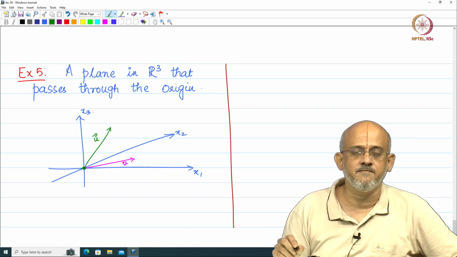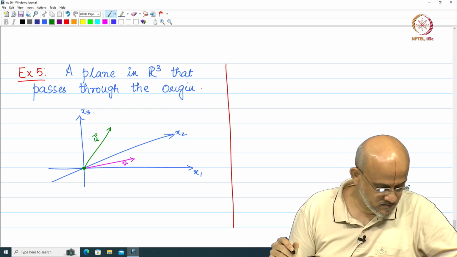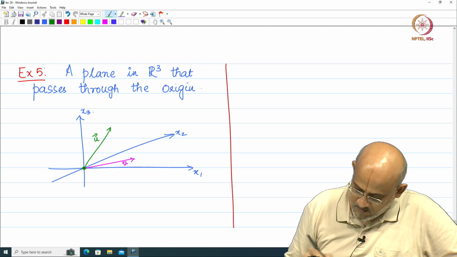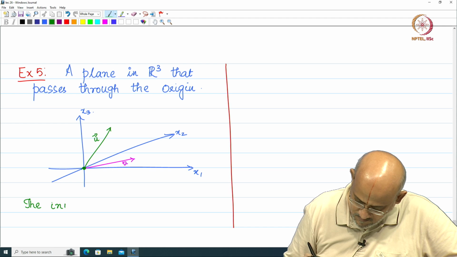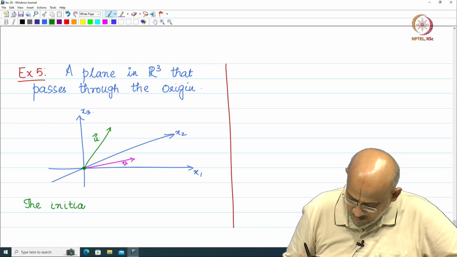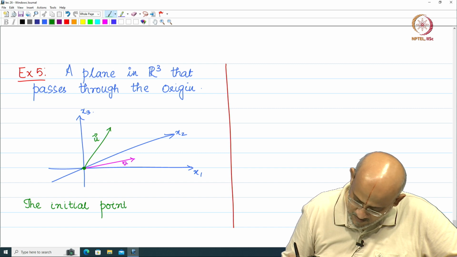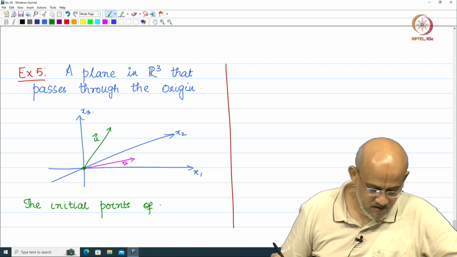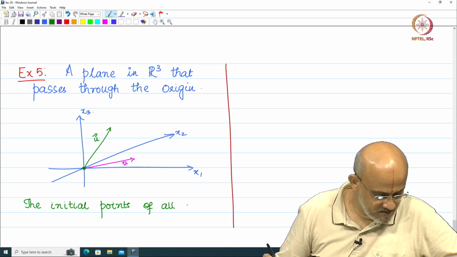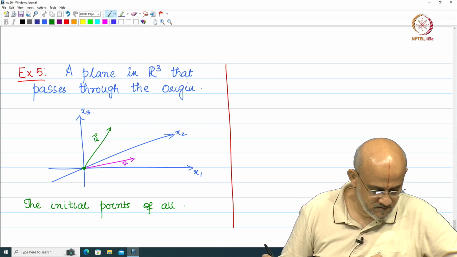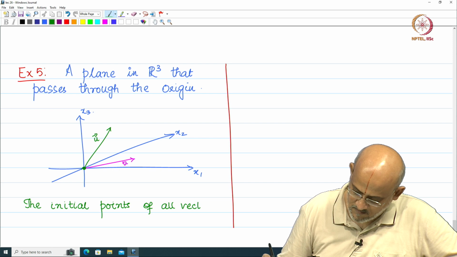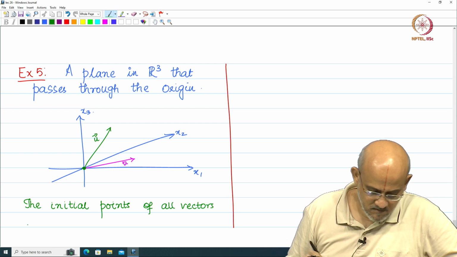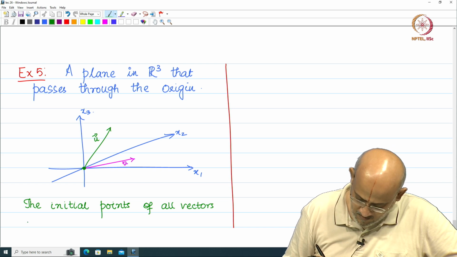So, let us see if this is basically a vector space. Okay. So, we basically say that the initial points of all vectors in R3 is at the origin.